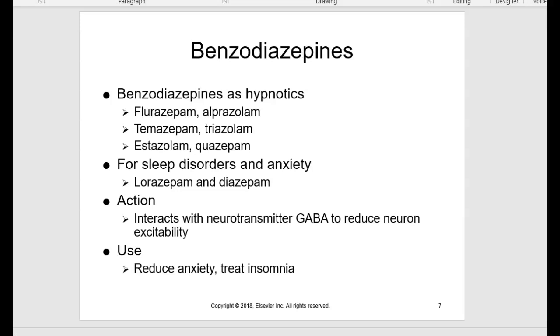When you hear about the classification of benzodiazepines, a lot of times you think of medications that are used to treat anxiety or panic attacks. In terms of this chapter, we talk about benzodiazepines for treating anxiety and things of that sort that may cause insomnia. So it's going back to being used as a medication that can help promote sleep in the patient.